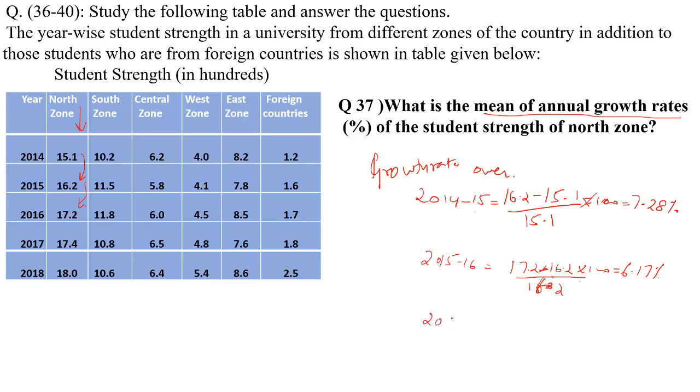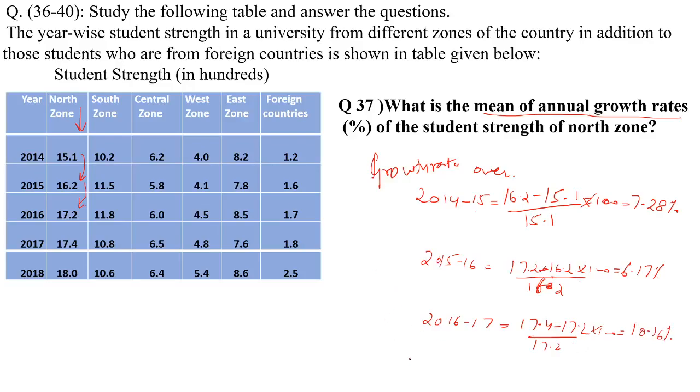Next is 2016 to 17. It will be 17.4 minus 17.2 upon 17.2 into 100. It will be 10.16%.